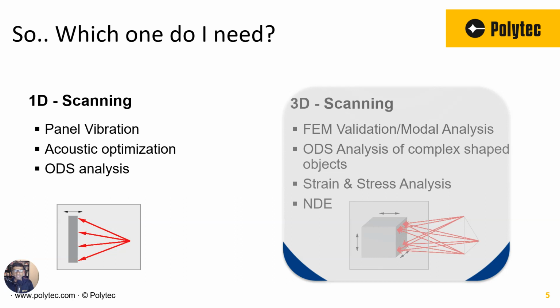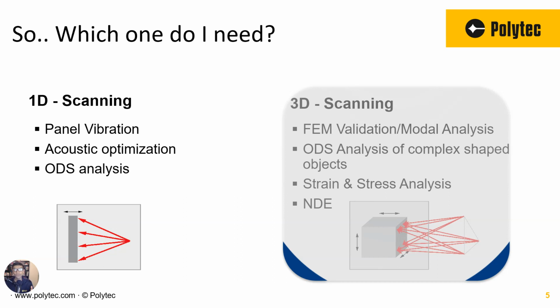Now, 3D is where you really have complex structures. Think of complex geometries, even metamaterials where everything is so complex. Or if you're into wave propagation, FE model update is another one where the FE model is always going to be in 3D. So ideally, you would want to measure in 3D, right? Similarly, for strain work.